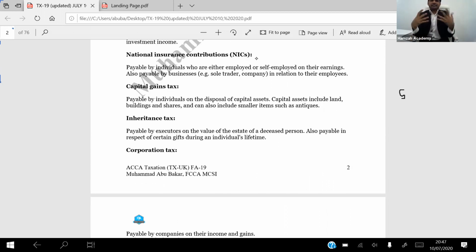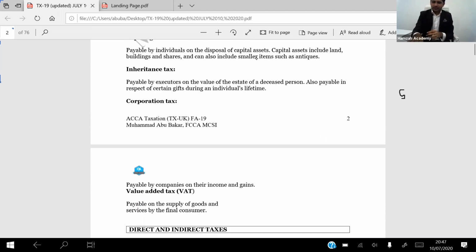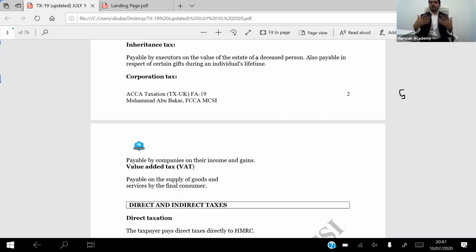Corporation tax is the same as income tax, but for companies. A company has a profit, a company has an income. Income means profit, again, net income, or precisely profit before taxation in your P&L, or at the end of your other comprehensive income, if you say it precisely for your F7 exam. So they have incomes or profits, so they will be paying corporation tax.